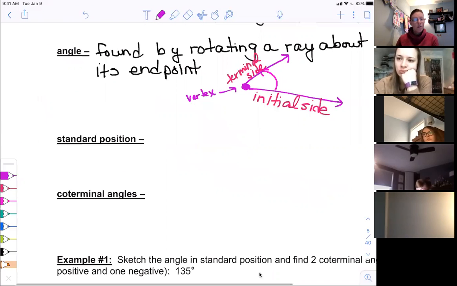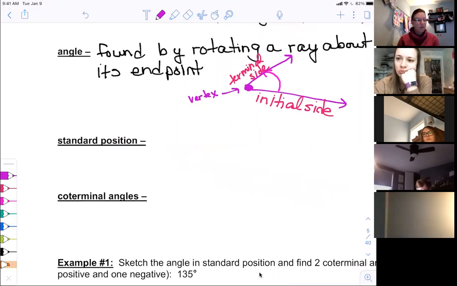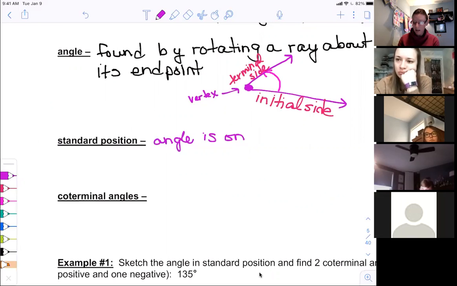We will be drawing angles in standard position. Standard position is when our angle is on the positive x-axis and the vertex is on the origin.